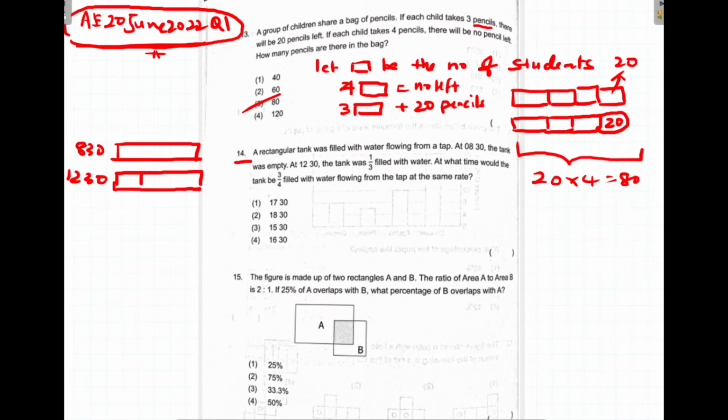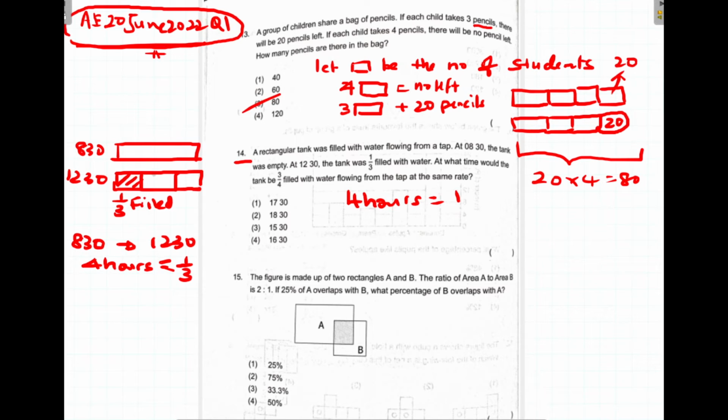It's 1/3 full, correct? So from 8:30 to 12:30, it took 4 hours to have 1/3 of the tank to be full, right?